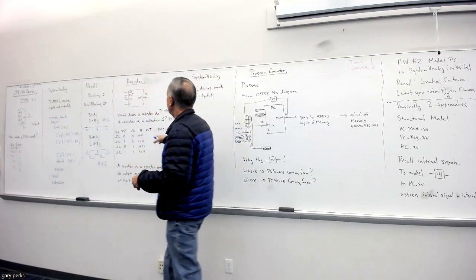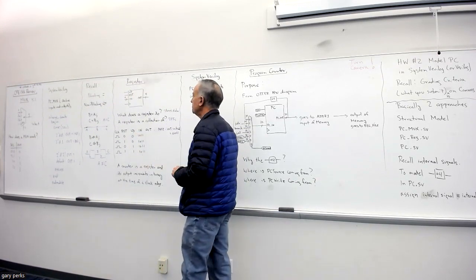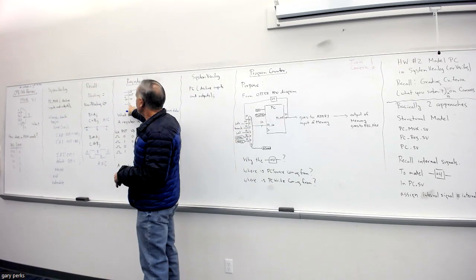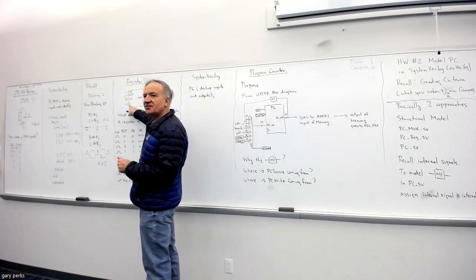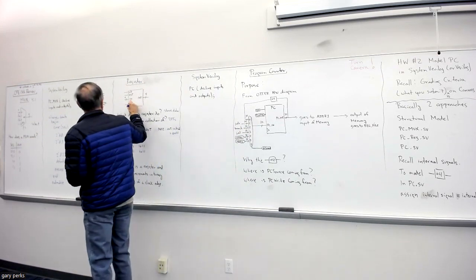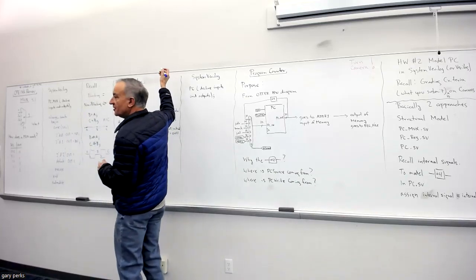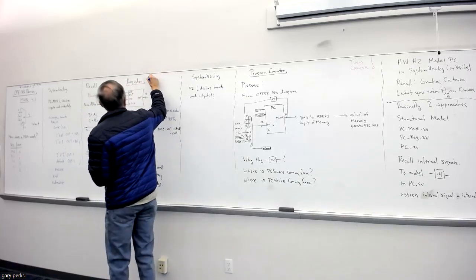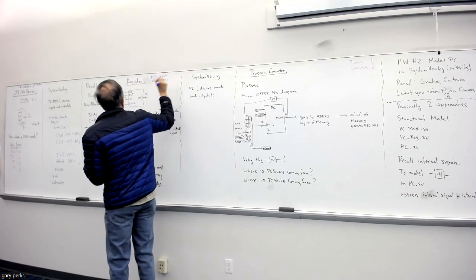Let me draw a little table here just to show how this register works. I asked this in an earlier class: what does this symbol represent? It tells our system what kind of input. And RS stands for reset.